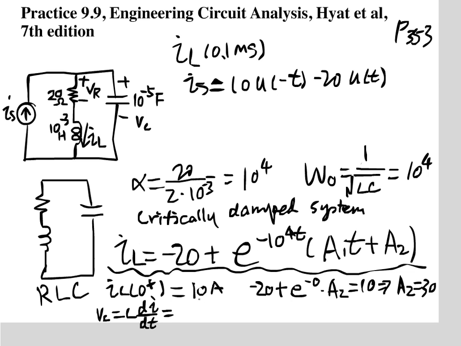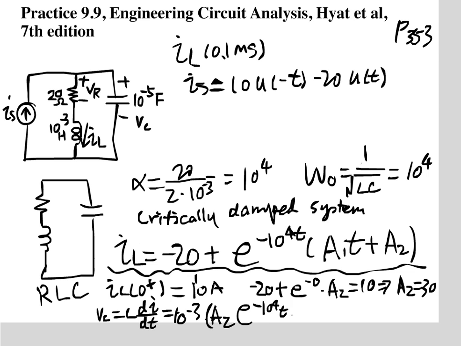All right. So the second thing we can do is to look at VL. VL is equal to L times di/dt. And in this case, it's going to take the minus 20 out because it's a constant.